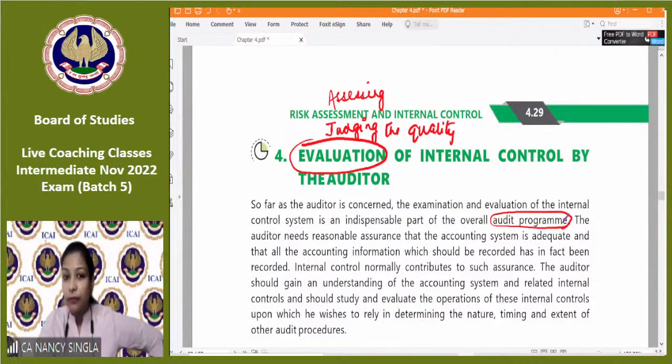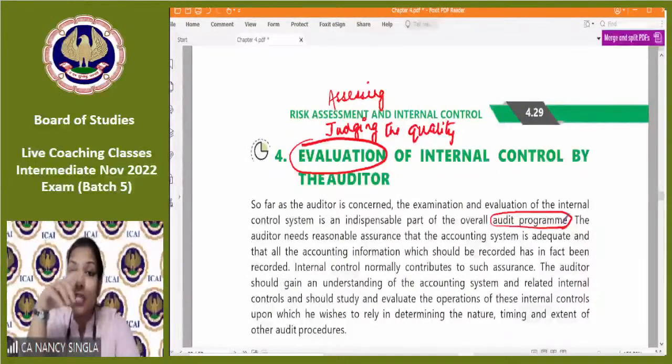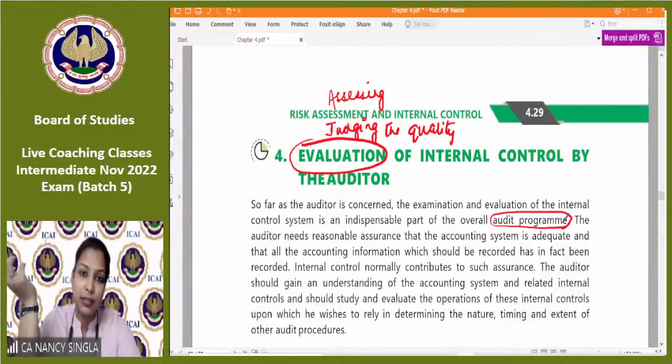Remember? So see, when the auditor is making an overall audit program as to what audit procedures he needs to perform, unless he is sure about the quality of the internal control, he won't be able to decide his audit procedures. The auditor needs reasonable assurance with respect to the accounting system.